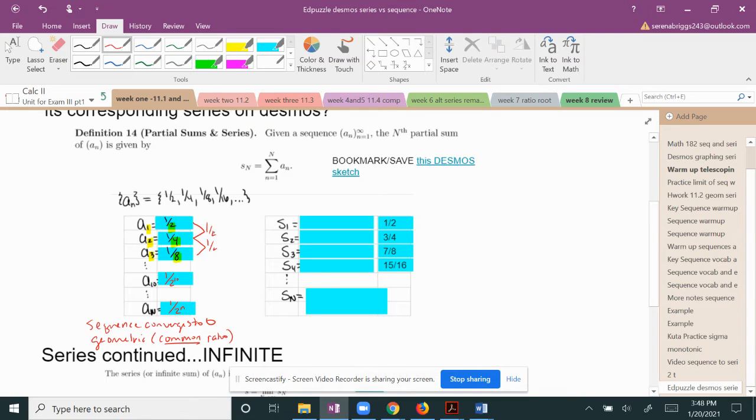It is always 1/2 all the way through. That is my common ratio. In this case, my common ratio is 1/2. Because the absolute value of 1/2 is less than 1, the sequence necessarily converges to 0, because it's a geometric sequence with a common ratio less than 1 in absolute value. So the sequence converges to 0, but that's not the question.